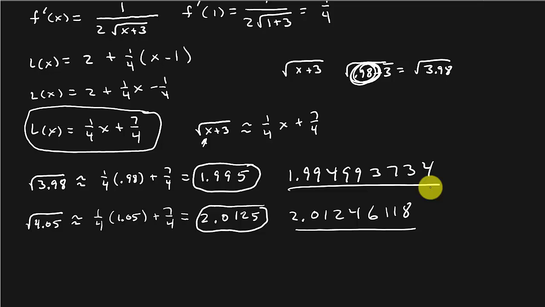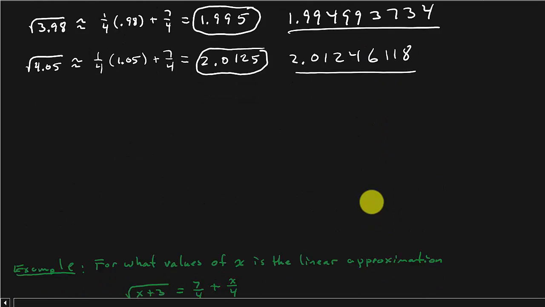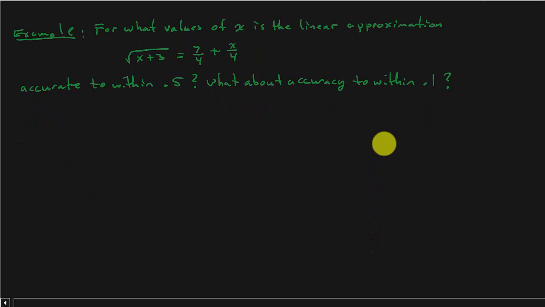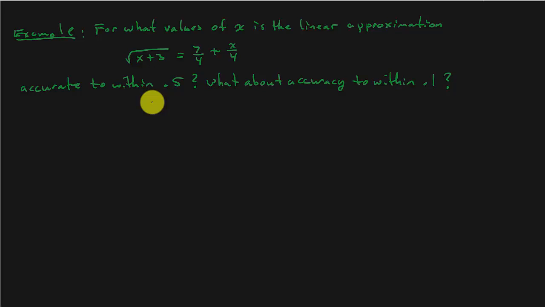All right, so let's look at the next example. All right, so for what values of x is the linear approximation, this, which we just found, accurate to within 0.5? And then what about accuracy to within 0.1?